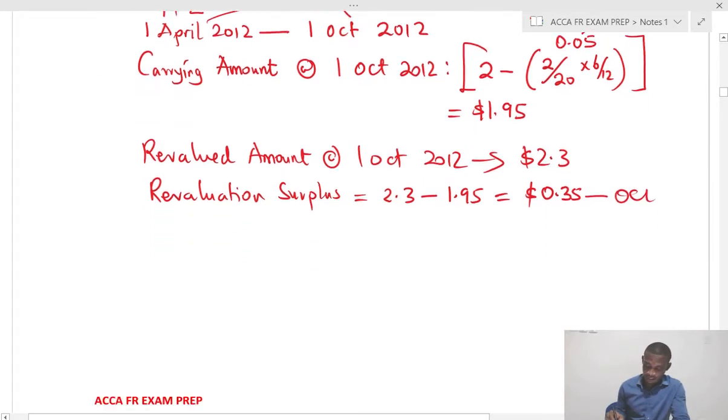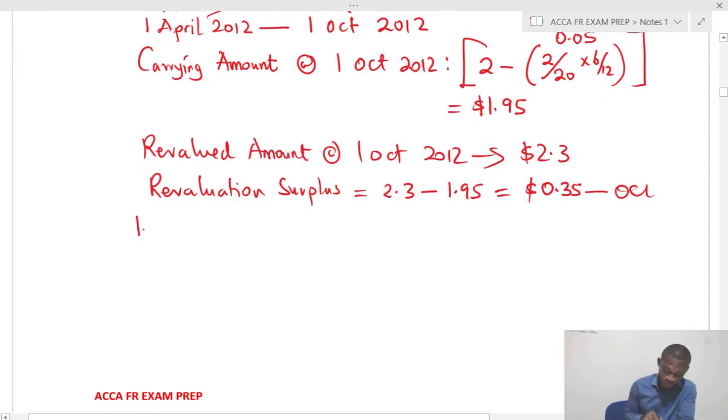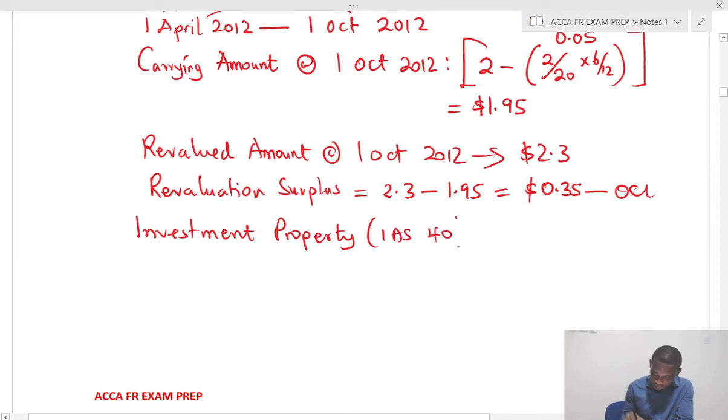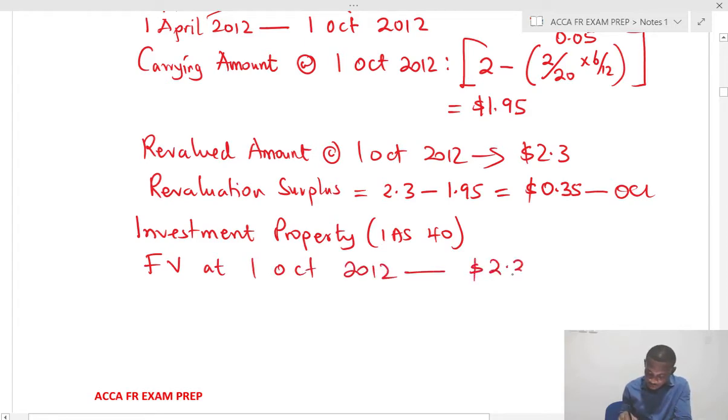Now, we account for the movement on the investment property, as we are aware, using IAS 40. We need a fair value at 1st October 2012, and that was given to be 2.3.